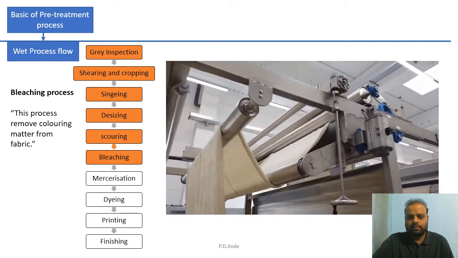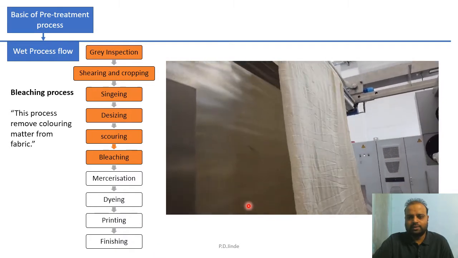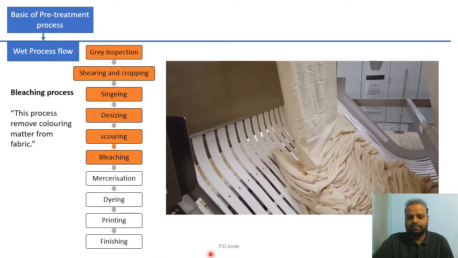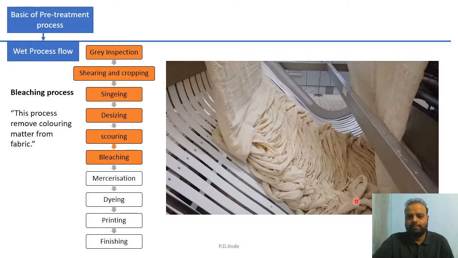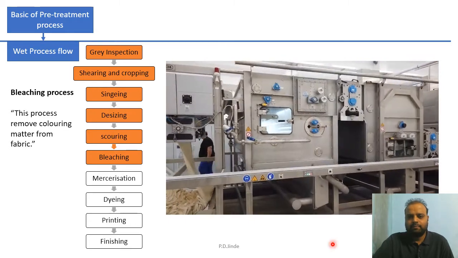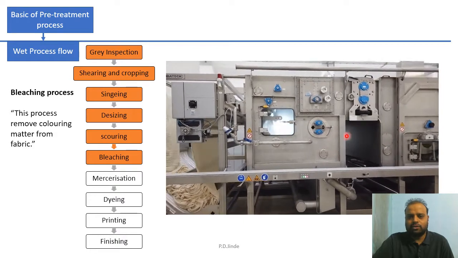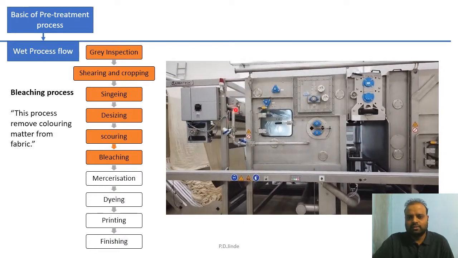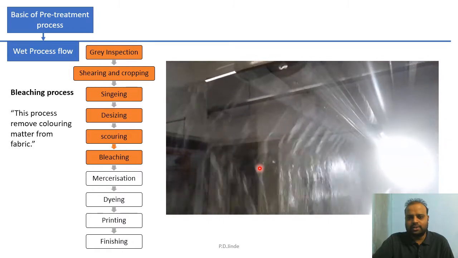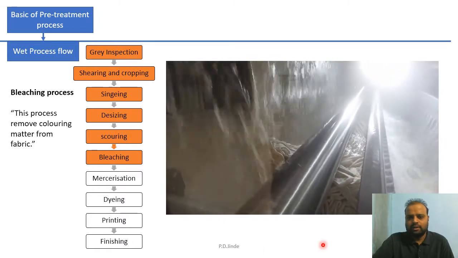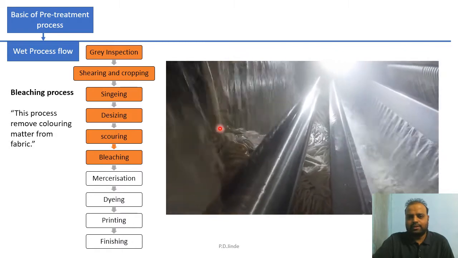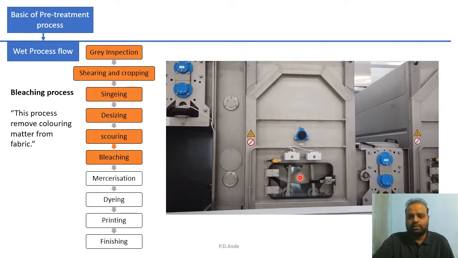Initially, fabric is taken over the guide rollers. Then it is systematically piled up. Then passed through these boxes where the bleaching chemicals are present. In this box, fabric is completely soaked up with bleaching chemical.